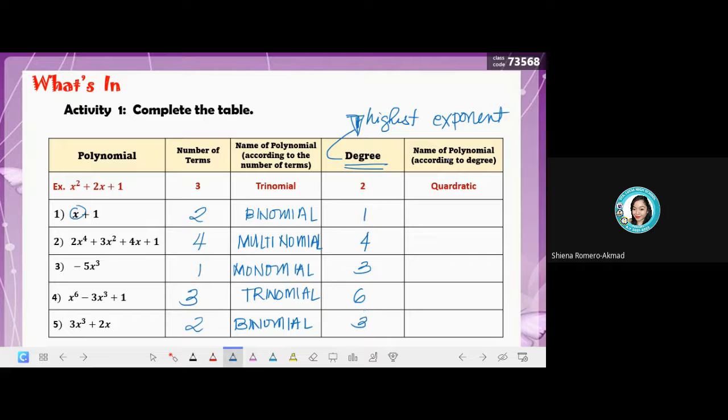Now, we are going to name the polynomial according sa degree. So, ito yung titignan natin. What will be the name of the polynomial na mayroong highest exponent na 1? Anong tawag natin sa polynomial na yun? Tingnan ninyo, ano po bang tawag dun sa polynomial with highest exponent of 1?